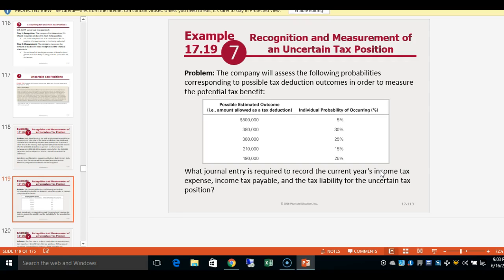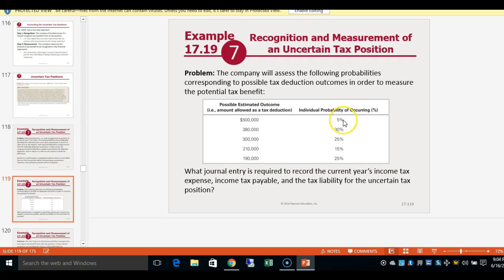The company will assess the following probabilities. Possible estimated outcome, amount allowed as a tax deduction. The full amount, $500,000, has a 5% probability. $380,000 has a 30% probability, and $300,000 has a 25% probability.